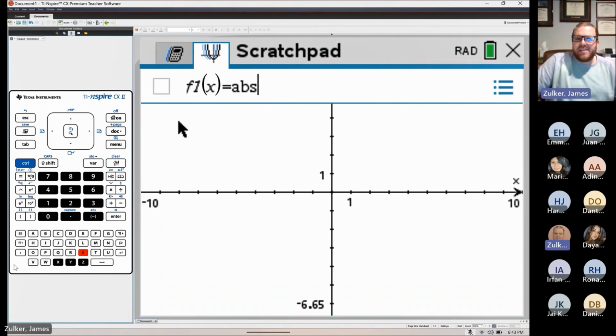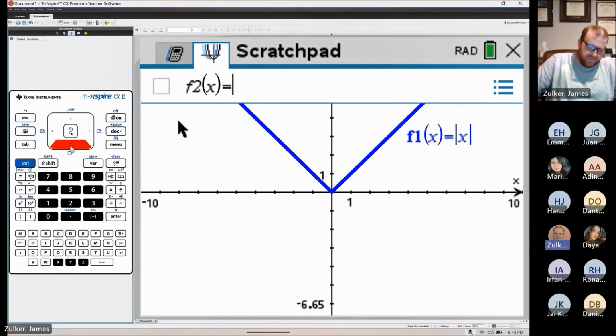ABS is the command for absolute value. So there is absolute value of X.